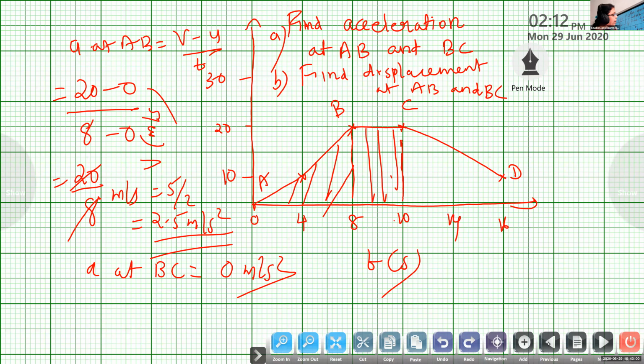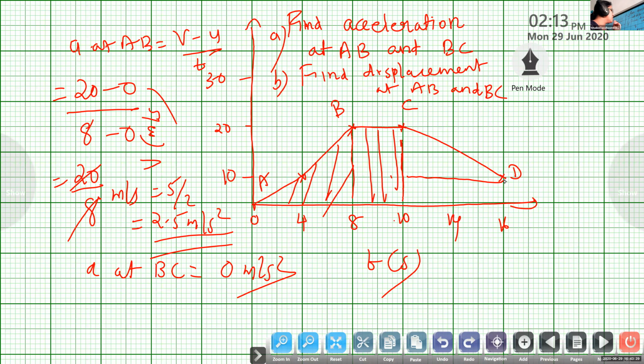Now, if you want to find CD, again you will get a triangle here. Again we apply half BH. In this, base becomes 20, and the height is from 10 to 16. That means find 16 minus 10. I am giving that as homework because time is up for the next class. Third question, you do by yourself.